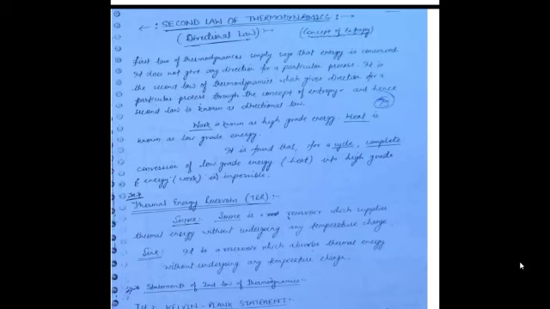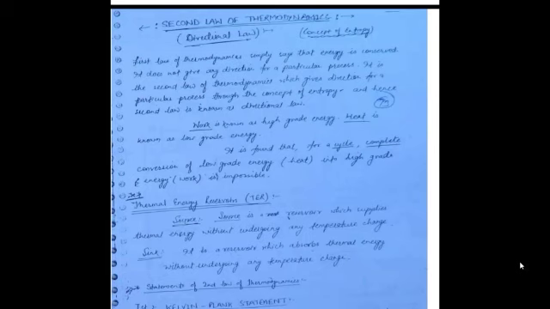So in one line, if you want to understand why the second law of thermodynamics is introduced, its answer is that the second law basically gives us the direction of process with the concept of entropy. Here one new term is introduced, which is entropy. We'll study in depth about entropy in this section. This is the first important thing we need to understand, right?